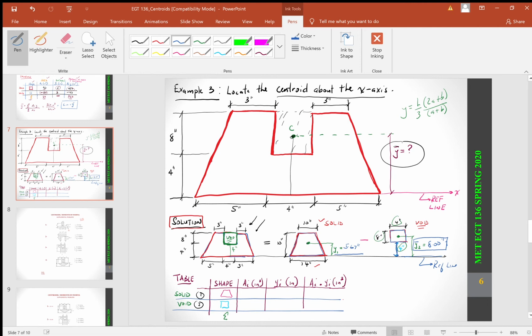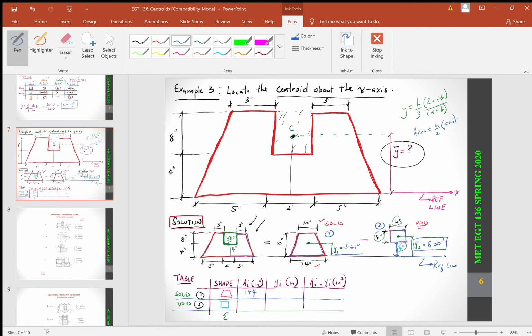Now draw your table. You have a solid for number 1, and this is number 2, geometric shape 2. For your solid, you have your area, which for a trapezoid, when you look back at your formula sheet, is typically h over 2 times (a plus b). When you do that math, you're going to get 144.